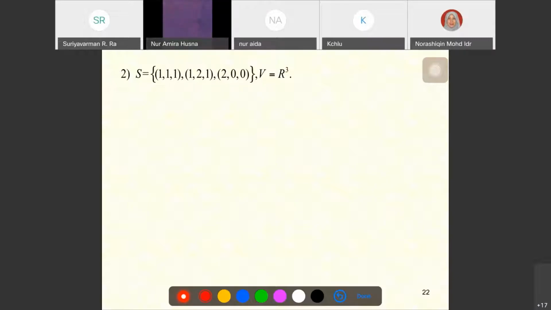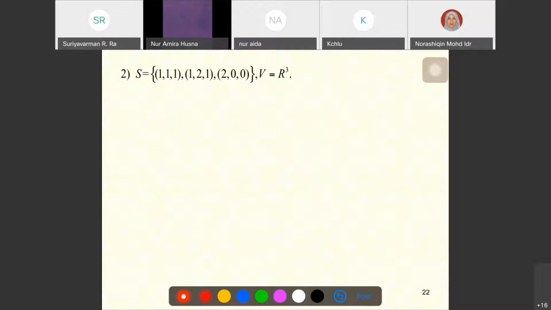Any answer? Any takers for this question? Can you say quickly whether S spans V or not? S spans R3 or not?